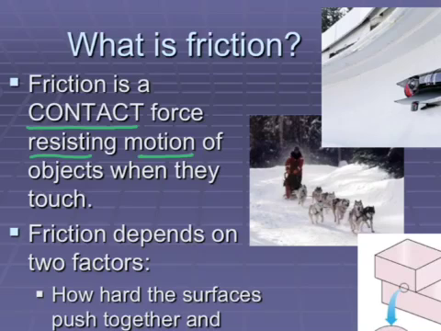But friction is a contact force, and it happens because objects, even the smoothest objects, still have a little bit of rough texture to them, and it's the texture of the surface, it's like it's gripping like Velcro. Now, the smoother the surface, the less you have those ridges and bumps that give it that texture that makes it stick together.